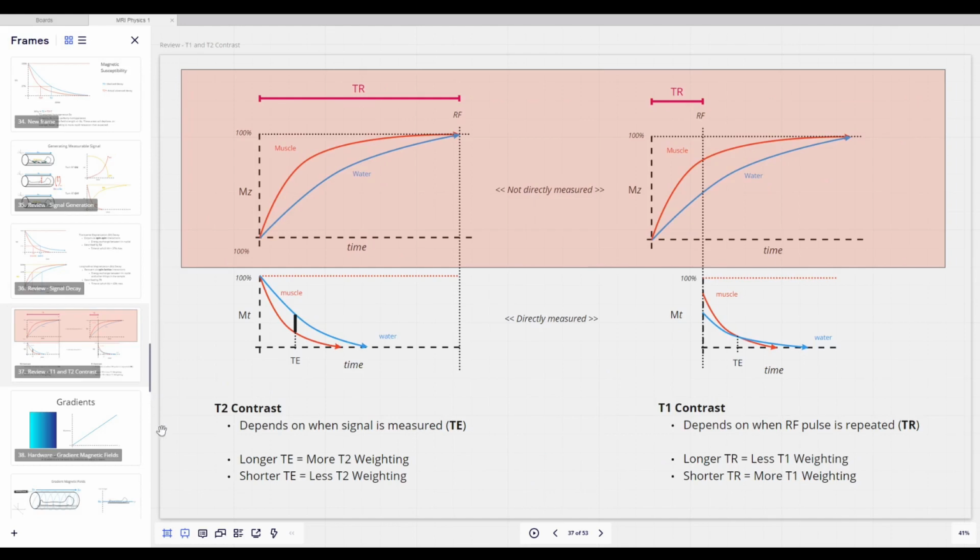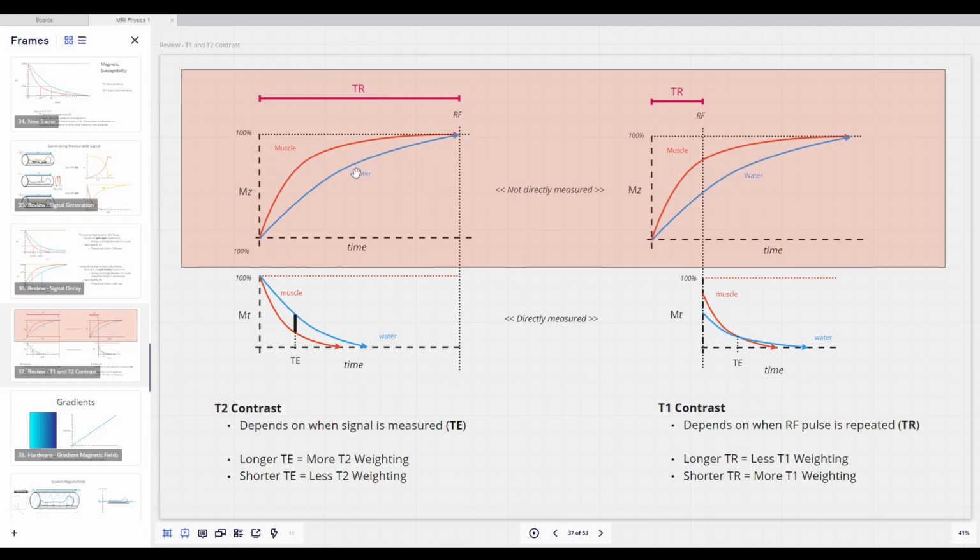So let's take this scenario on the left first. I've shown basically what we just had on the previous slide, which is our T2 curve. And this is basically pure T2, because it doesn't have any contribution from what's going on up here. By the time this gets knocked down, we're starting from 100%.